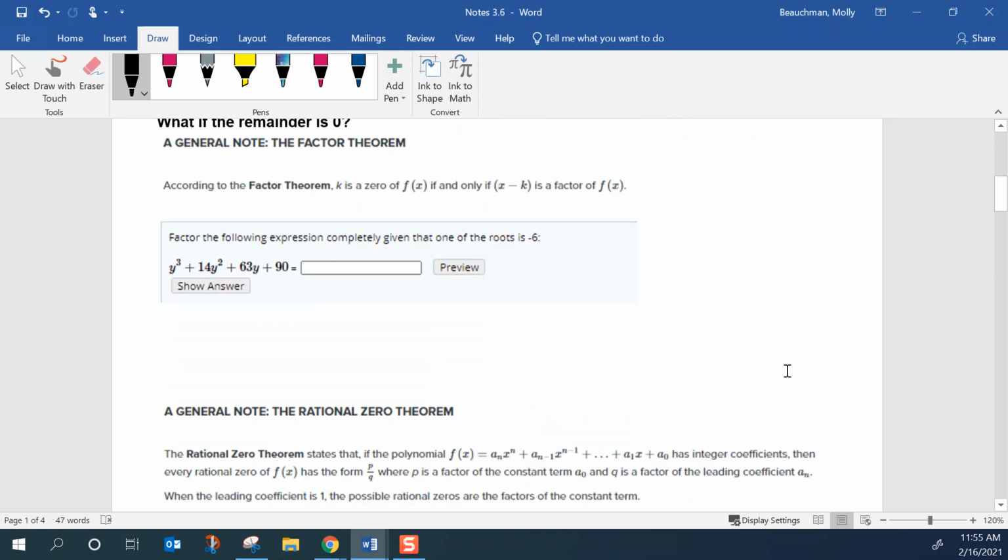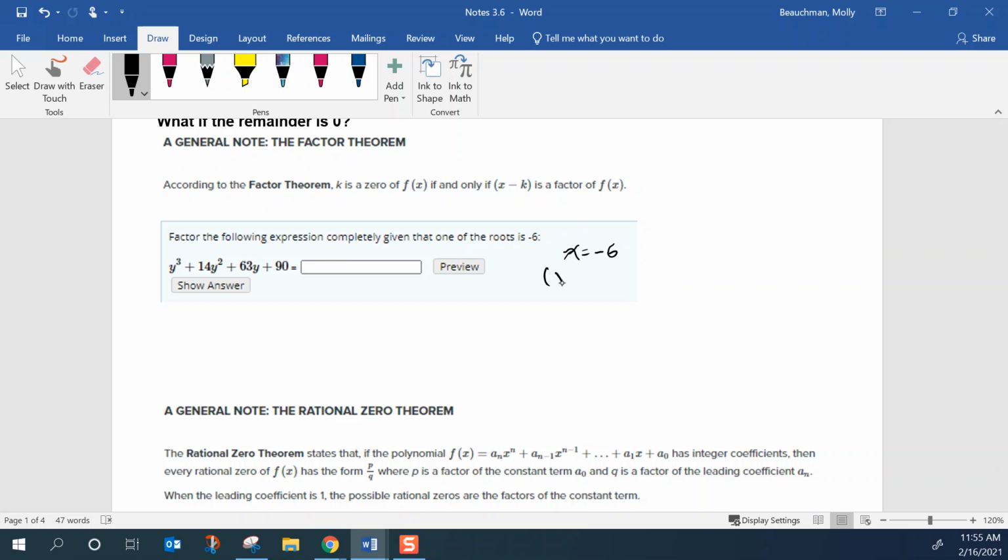Okay, so the factor theorem: factor the following expression completely given that one of the roots is negative 6. We don't have a way to factor an expression like this unless we use grouping, and we can't use grouping here, but we do know that one of the solutions is x equals negative 6.